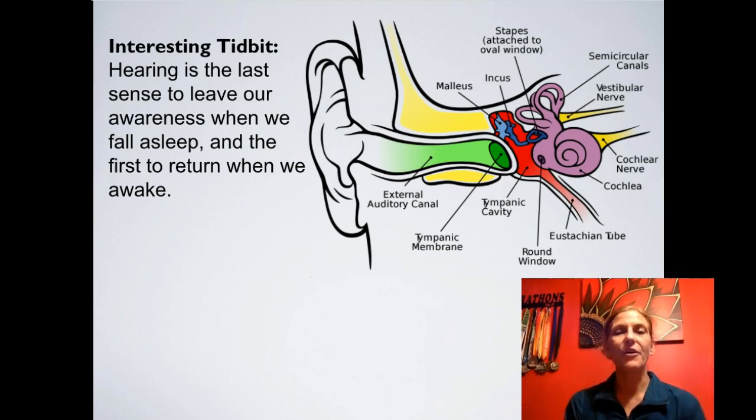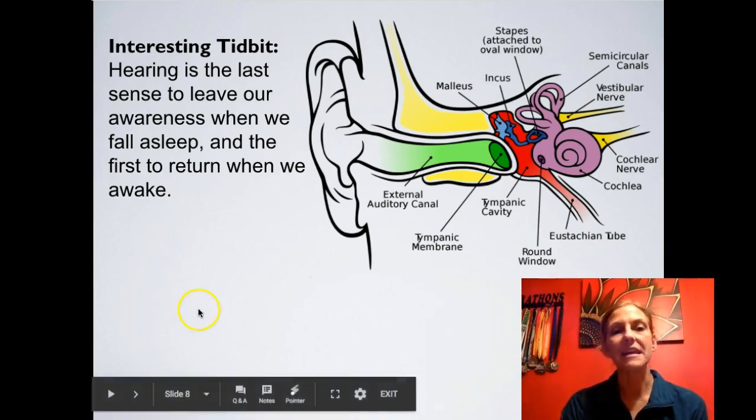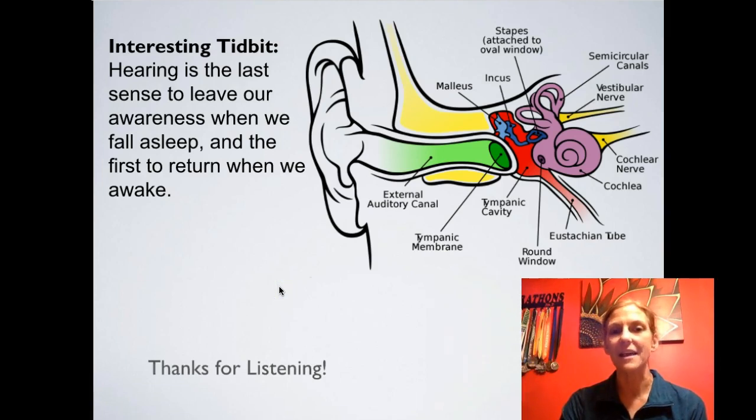And as I was falling asleep, even though maybe I wasn't paying attention, I still was hearing it, and hopefully that was being sent to my brain. It's also the first sense that we get back when we wake up. So that's probably why our alarm clocks are sound and not maybe flashing lights or something. So I just thought that was kind of neat information, and that's all I have to talk about with the parts of the ear as they relate to hearing.